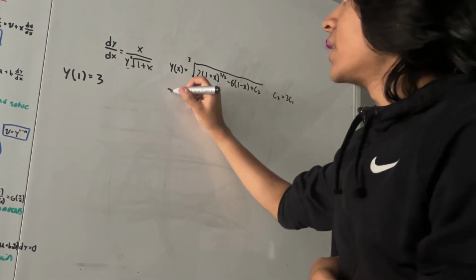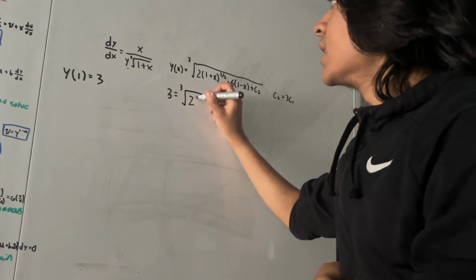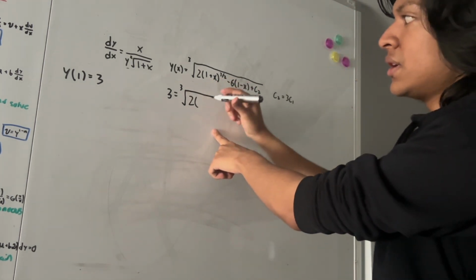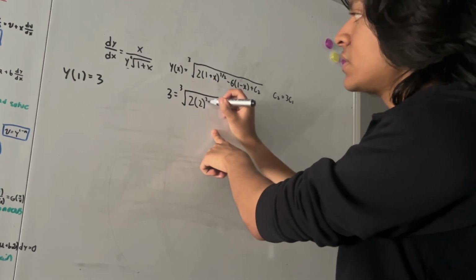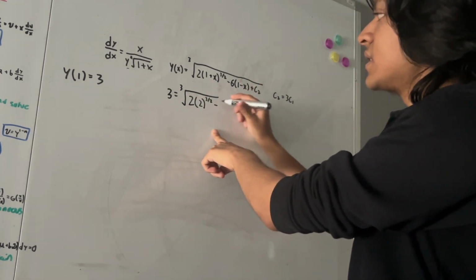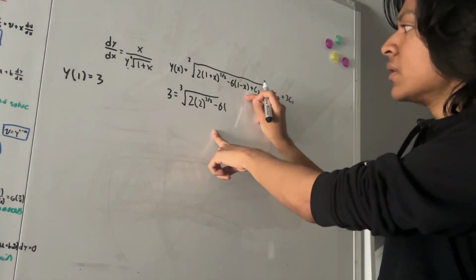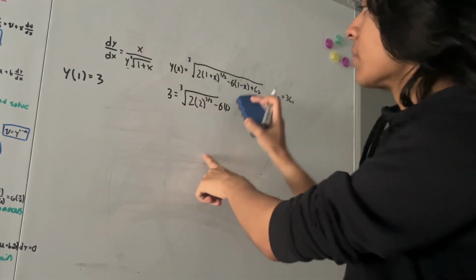So we have 3 is equal to the cube root of 2 times, when we have 1 plus 1, we're just going to have a 2 here to the 3 halves. Then we're going to have minus 6, and when we have 1 minus 1, it's going to give us 0, so this term goes away.